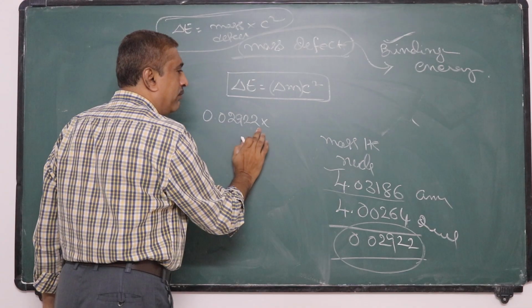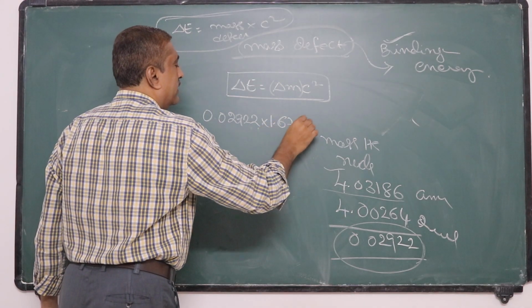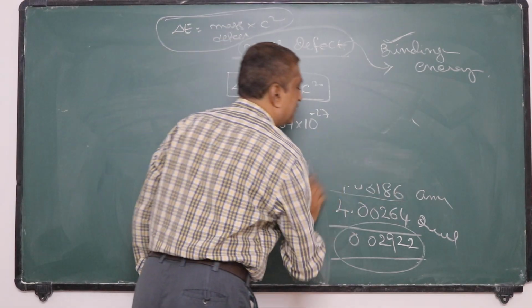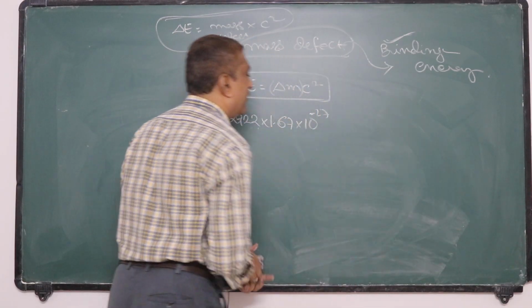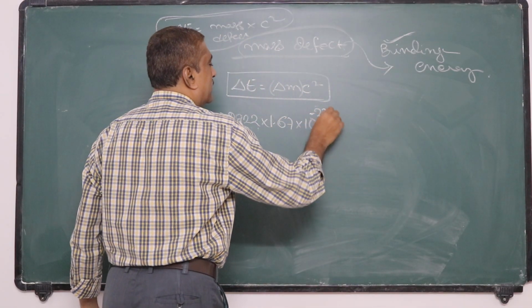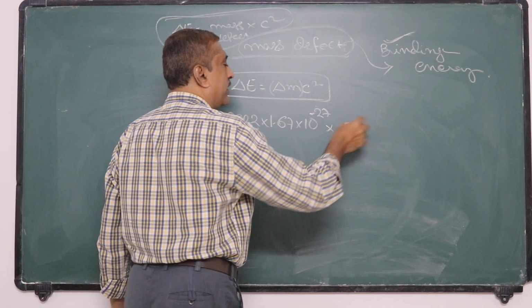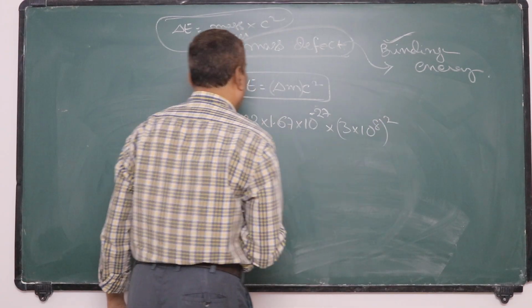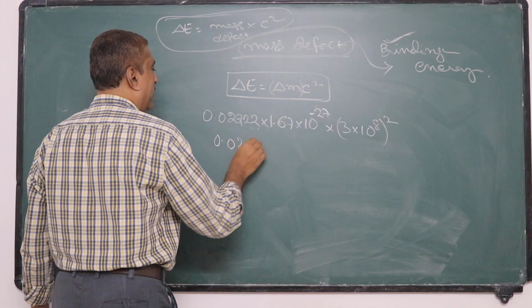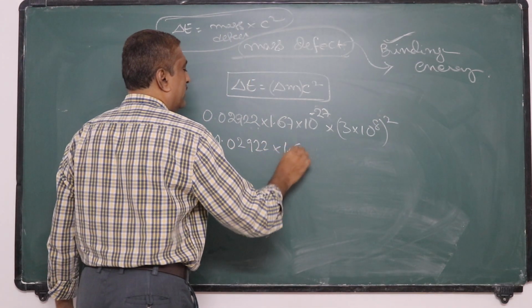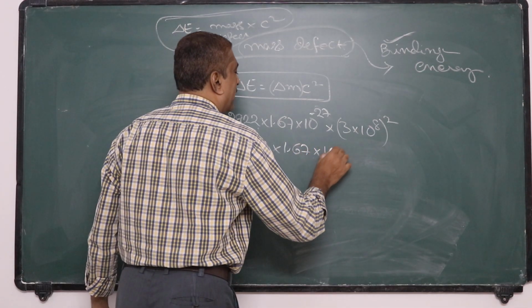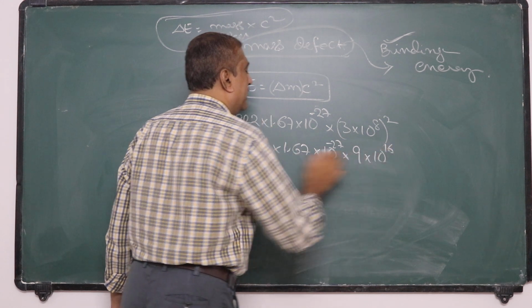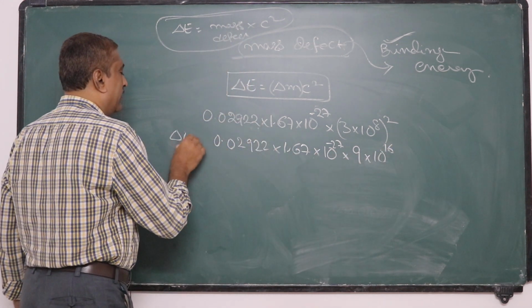Actually this is in AMU, so we have to write it in kg, 1.67 into 10 power minus 27, into c squared, that is 3 into 10 power 8 whole squared, velocity of light whole squared. That is 0.02922 into 1.67 into 10 to the power minus 27 into 9 into 10 power 16. This value we get in joules.